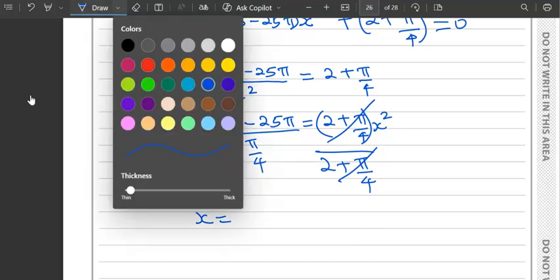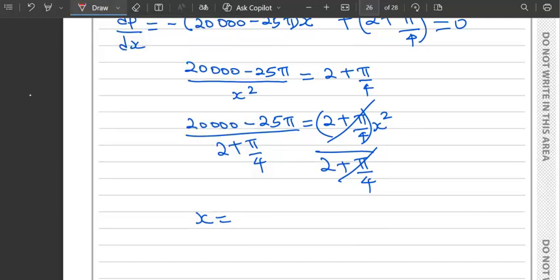So 2 plus pi over 4 as a single fraction. We can have this over 1, and this one will be, of course, 4 times 2 gives you 8. Then 1 times pi gives you pi, plus pi everything over 4.